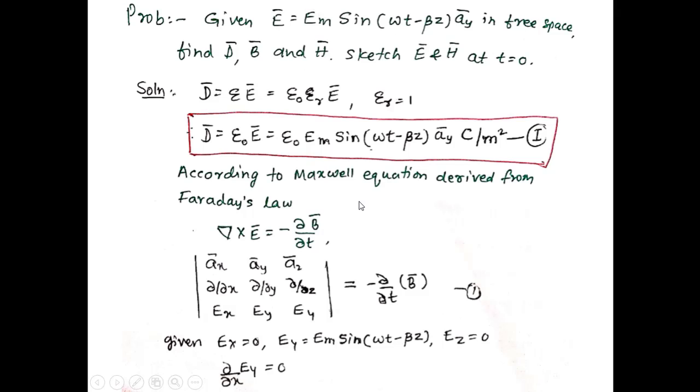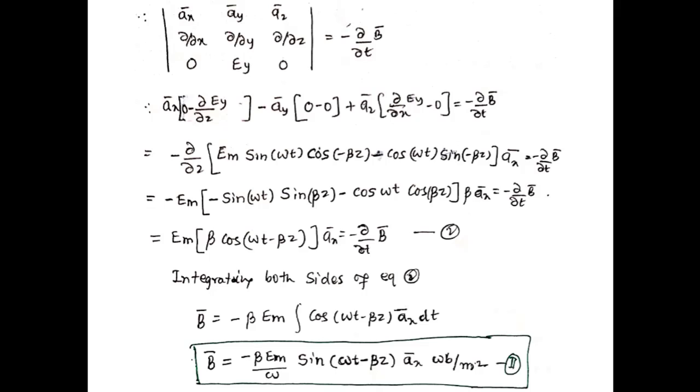Only the Ey component is given, Em sin(omega t minus beta z), and also there is no variation along the x direction. Therefore, dou by dou x of Ey is equal to 0. So the determinant has rows Ax, Ay bar, Az bar; dou by dou x, dou by dou y, dou by dou z; 0, Ey, 0, equal to minus dou by dou t B bar.